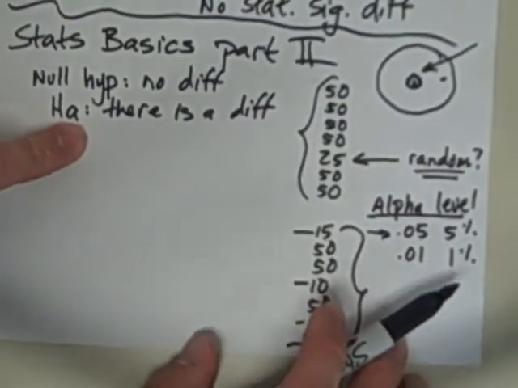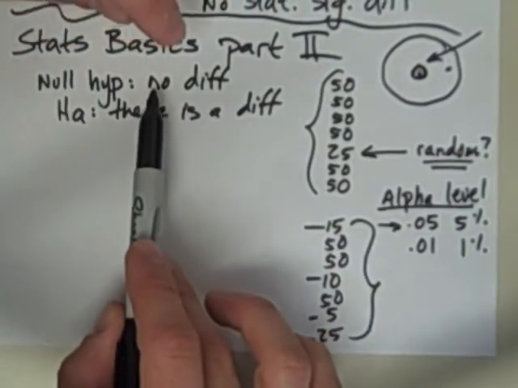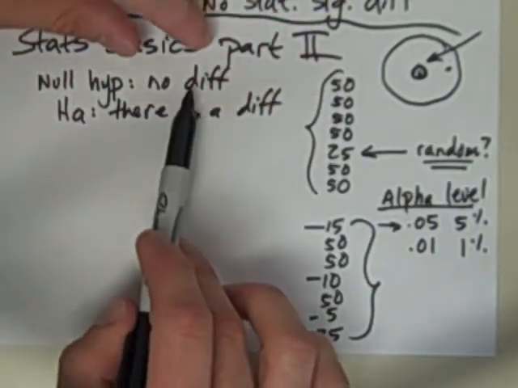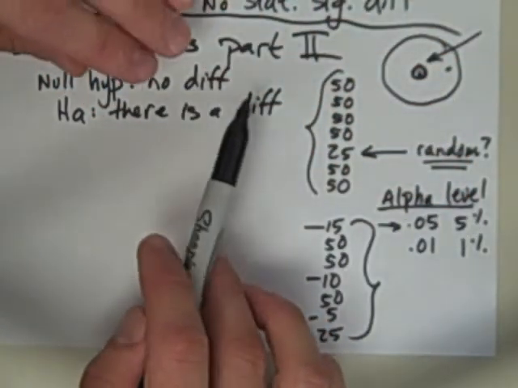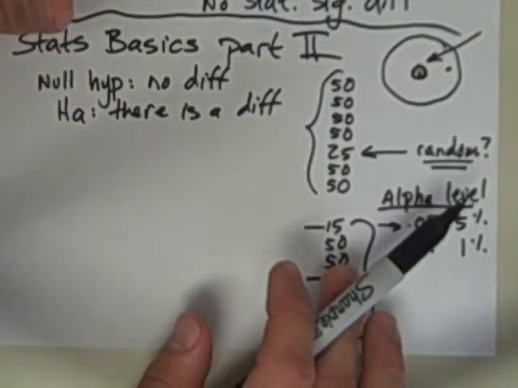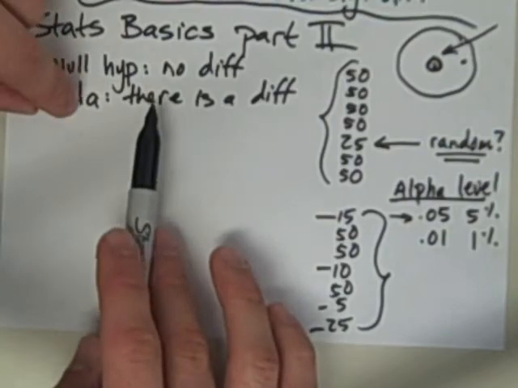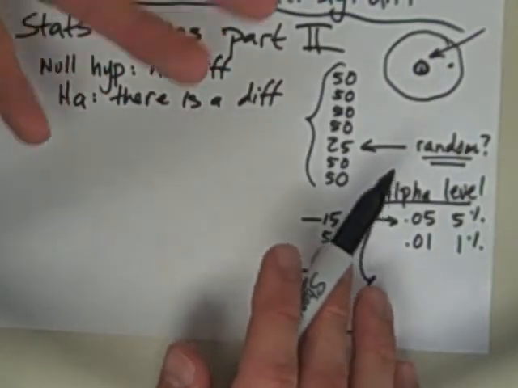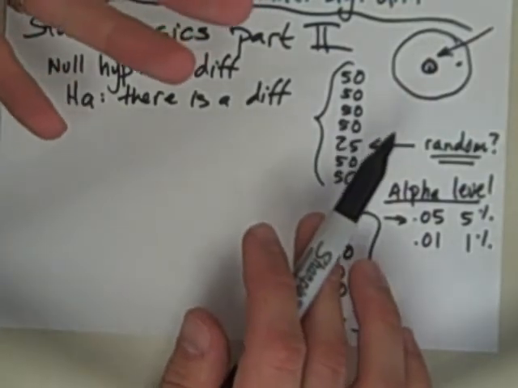So my null hypothesis, getting back to this idea, basically is telling me if the differences that I see between two sets of data are occurring less than 5% of the time, then I'm going to consider there to be no statistically significant differences between these two sets of numbers. The alternative then says there is a difference if I'm seeing these differences between my values occurring more than just 5% of the time. Or in other words, I'm saying something's actually going on here.